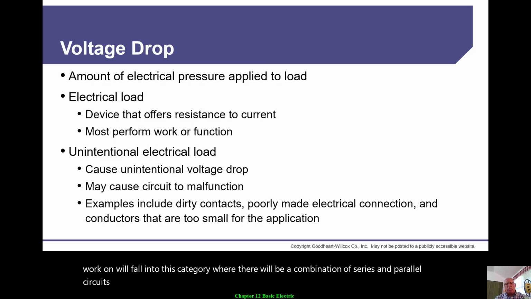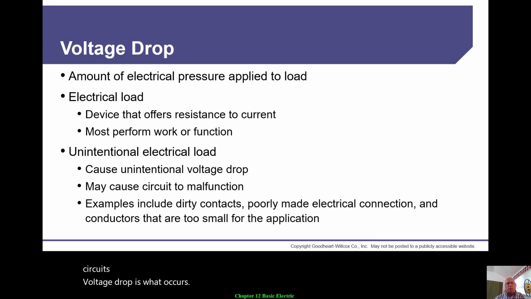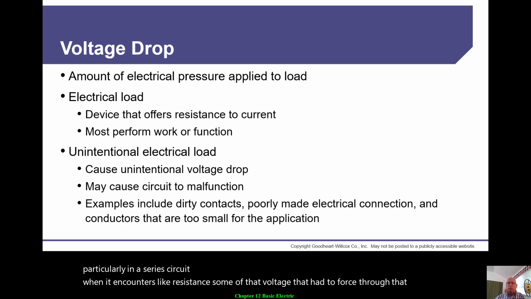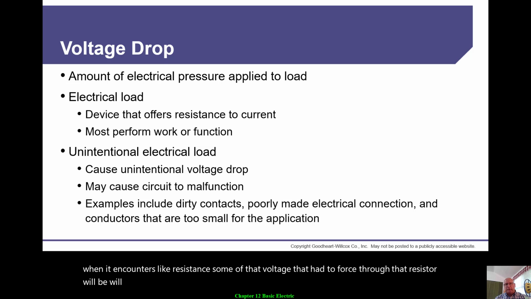Voltage drop is what occurs, particularly in a series circuit, when it encounters resistance. Some of that voltage that had to force through that resistor will drop. So if it was 120 volts, perhaps after it encounters that resistance, there may only be 100 volts left.